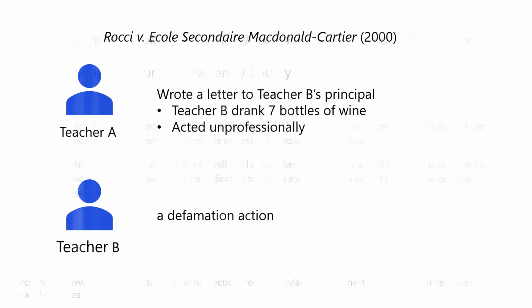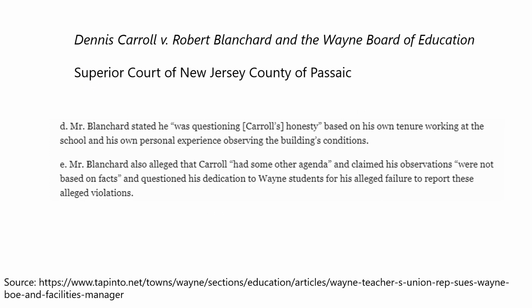Here is a recent defamation lawsuit. In May 2021, a New Jersey teacher, who was also the secretary of the teachers' union, filed a lawsuit against the interim director of facilities for his school district, alleging defamation and false light. The teacher called into a school board meeting via Zoom in August 2020 and complained about the conditions in the school.